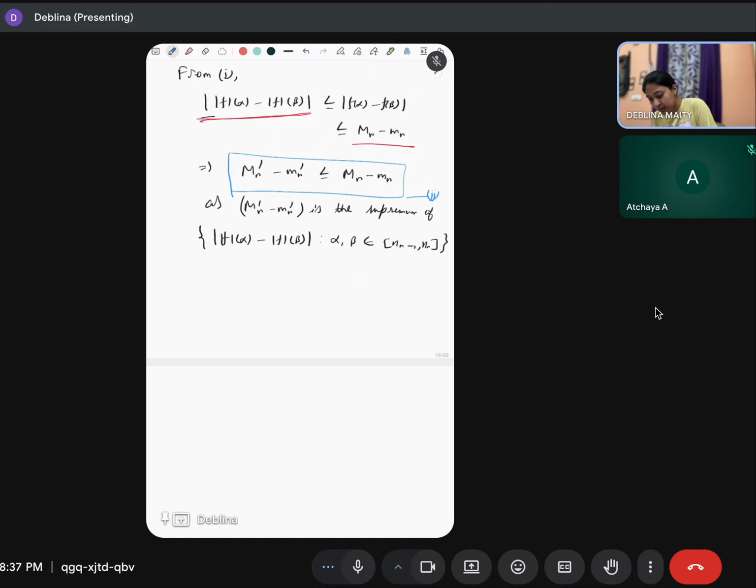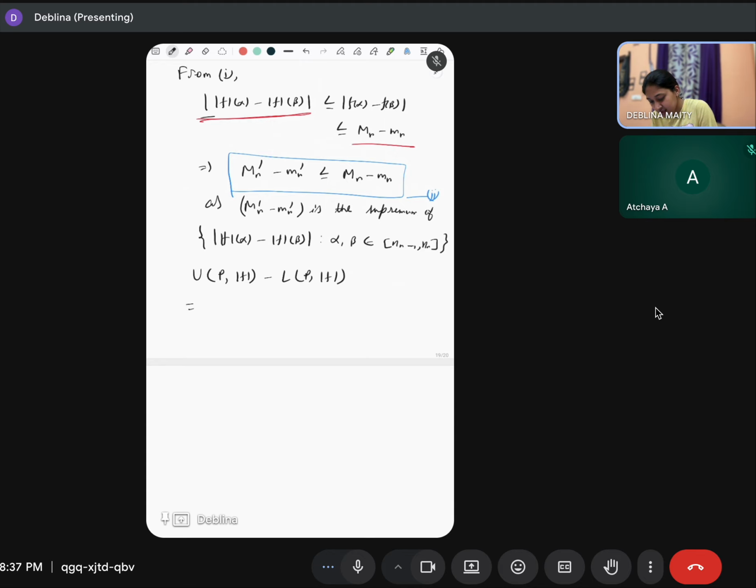Now we will prove that U(P, mod f) minus L(P, mod f) is less than epsilon. So now what we have to find is U(P, mod f) minus L(P, mod f). Now what is this value?